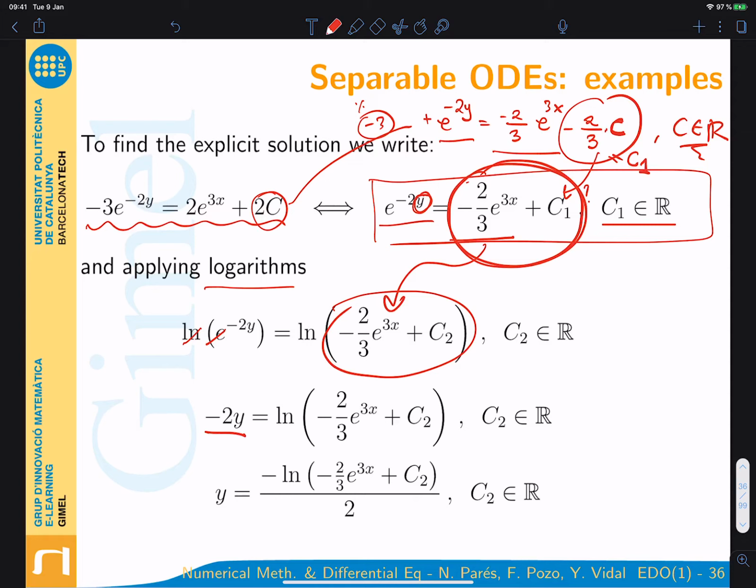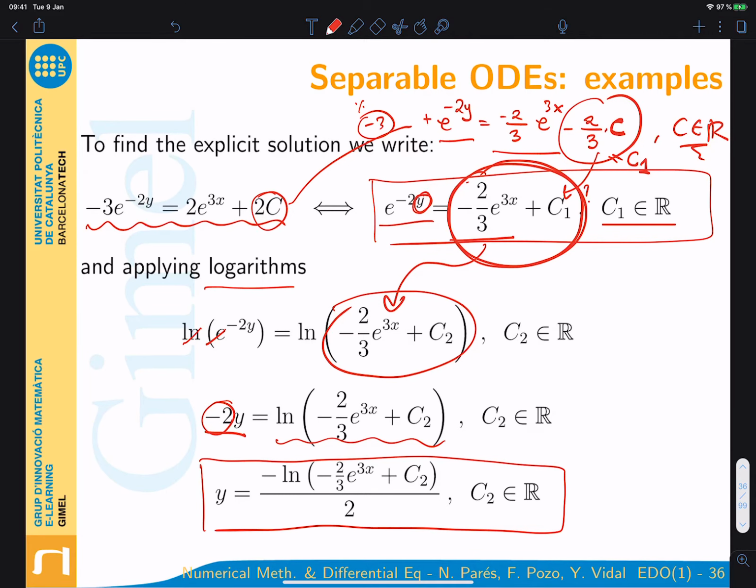So we get minus 2y on the left-hand side. And on the right-hand side, I cannot simplify it anymore. So I will just leave it like that. And finally, I will divide everything by minus 2. And we will get what is called the explicit solution. Okay, the explicit solution means that y(t) is isolated.